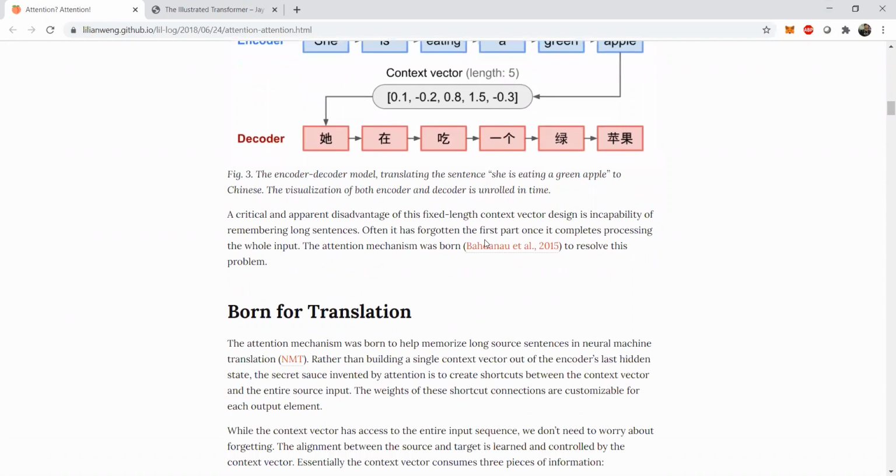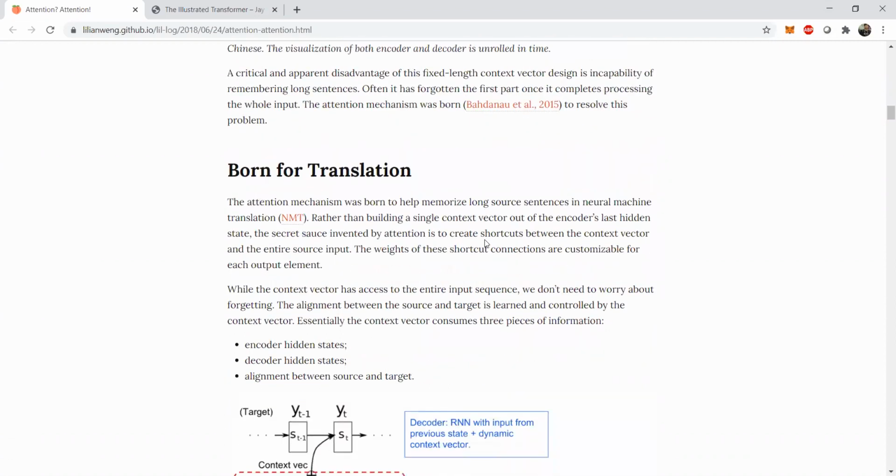So in this case, we come to the new idea of applying something called the attention mechanism for the neural machine translation task.